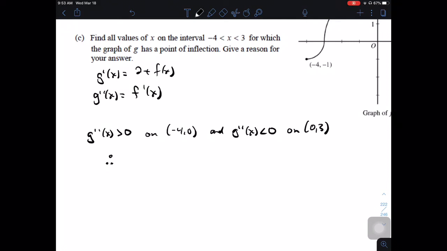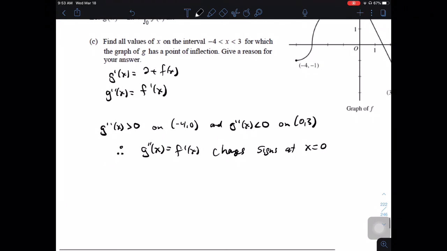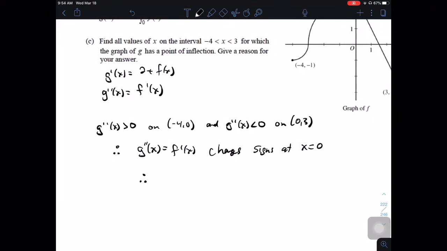Therefore, g double prime, which is the same thing as f prime, changes signs at x equals 0. Thusly, g of x has a point of inflection at x equals 0.